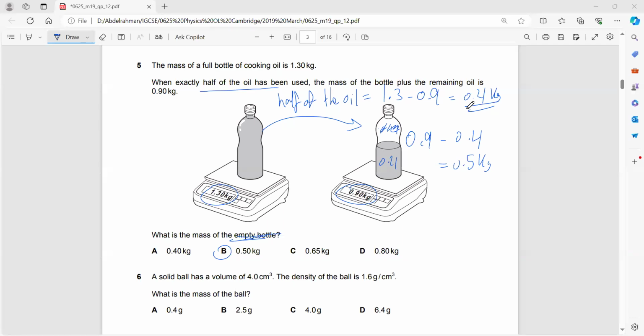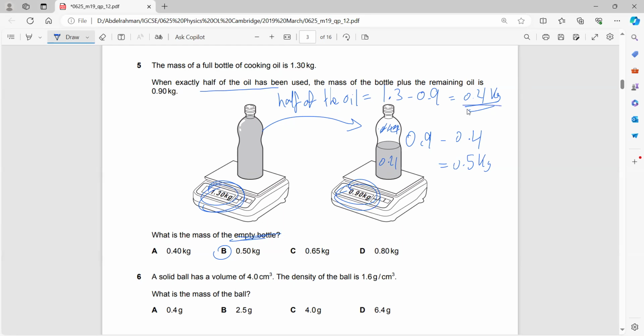The glass bottle itself has a mass, and the oil inside this glass also has a mass, right? When you measured the mass of the oil plus the glass, the initial mass was 1.3 kilograms. When you removed only half of the oil, the remaining mass was 0.9 kilograms.